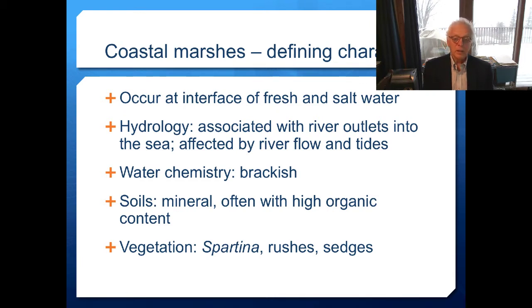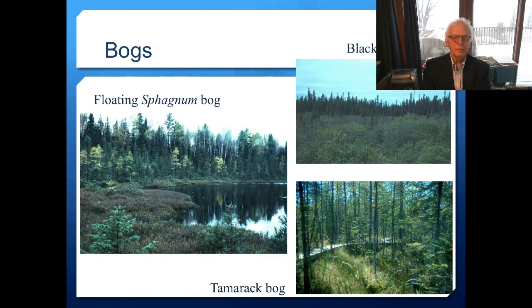That high organic content comes about because there's a lot of productivity there, and the organic matter falls to the soil and decomposes, but is not completely washed away. The vegetation tends to be dominated by things like Spartina, rushes, sedges, other kinds of grassy vegetation that you see in coastal marshes. So those are the defining characteristics of coastal marshes.